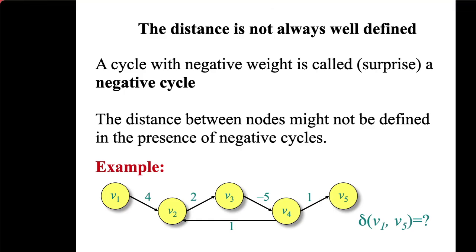It can be minus infinity. It's not necessarily the negative edges. I might have a graph with negative edges, but once I have a negative cycle, then I need to realize that there is no meaning to the question of what is a best path between them.